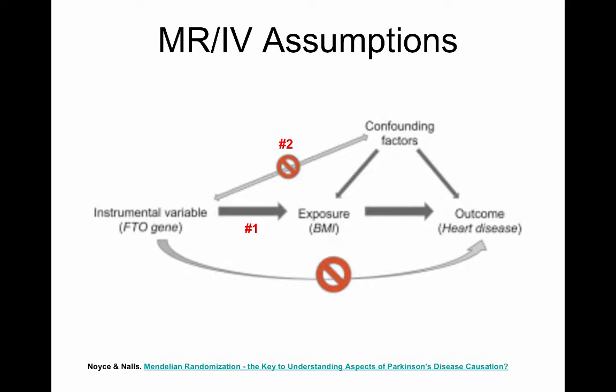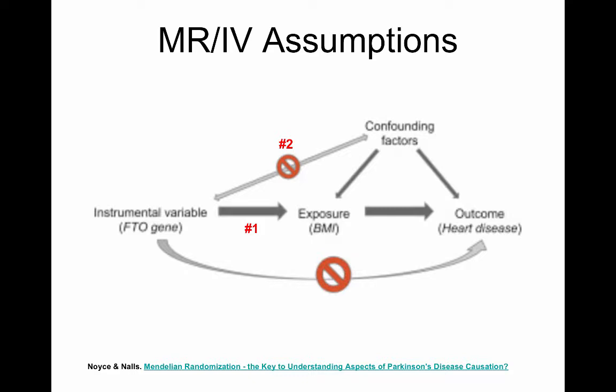Assumption 2 states that your instrumental variable must not be associated with potential confounders of the association between exposure and disease. That applies to both measured and unmeasured confounders, so by definition, it can be challenging to verify, to say the least. One could say it's impossible to empirically verify.